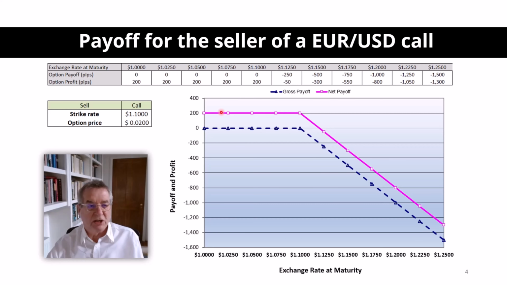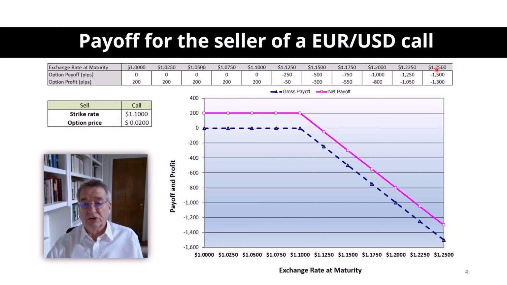As we drop here, let's say, for example, down to spot 125, the seller is now down, after having taken into account the 200 pips here, is now down 50 pips. And the further that the exchange rate at maturity moves above the $1.10 here, the bigger the loss. As you can see, it's mounting.